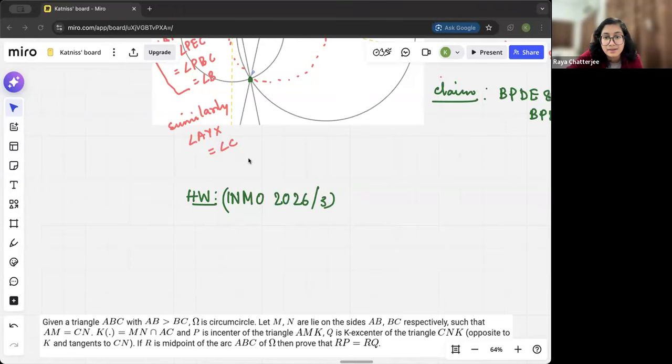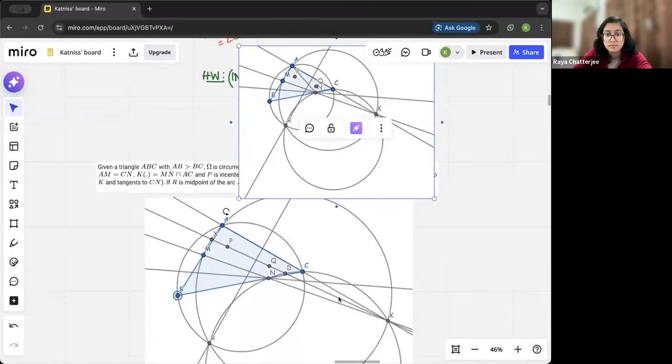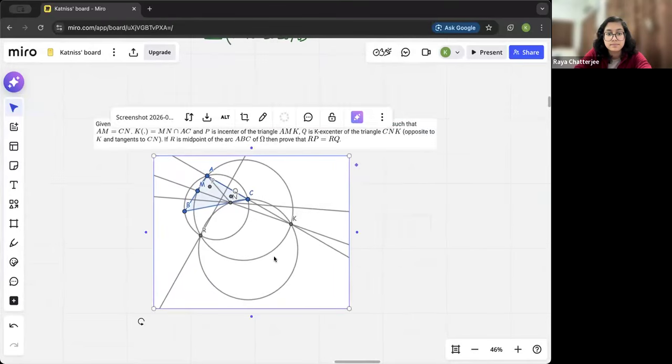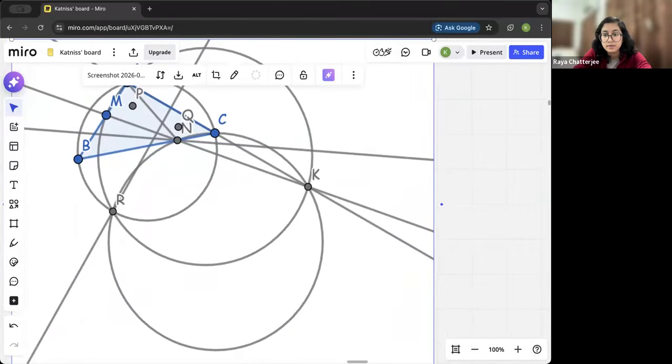Yeah, sure. Here's the diagram. I think this is worse in a sense, but yeah.